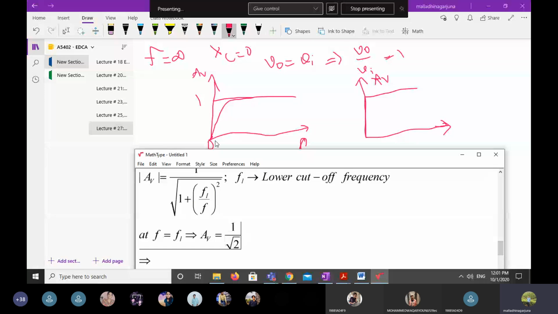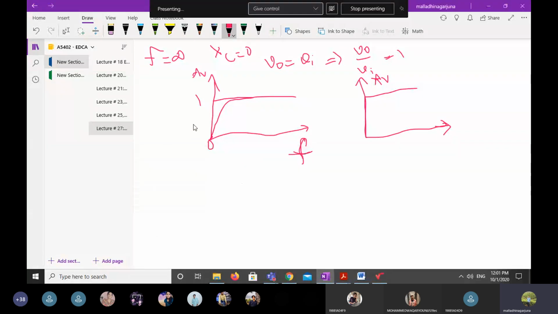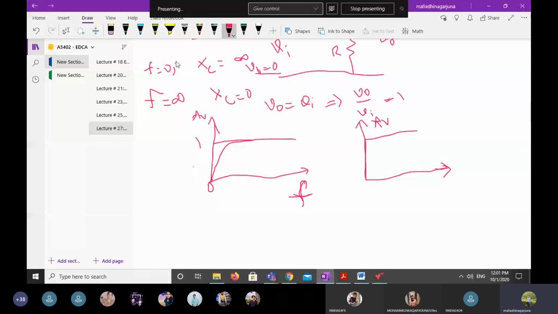If you draw this as 1, and draw the 1 by root 2 line, wherever it touches your characteristics, that is your FL, the lower cutoff frequency.